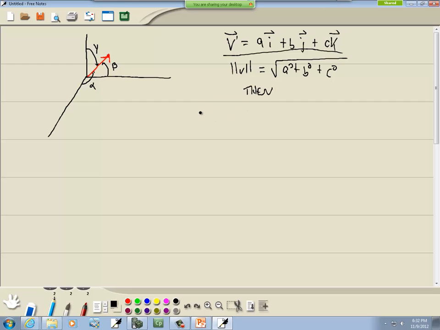Then we have cosine of alpha is equal to a over the magnitude of V. Now a, b, and c are just numbers. And cosine of beta is equal to b over the magnitude of V. And then cosine of gamma is equal to c over the magnitude of V.